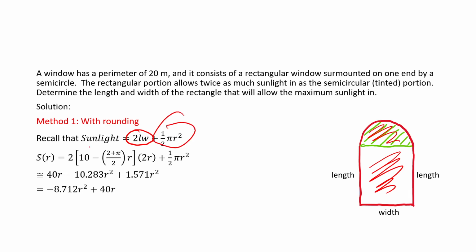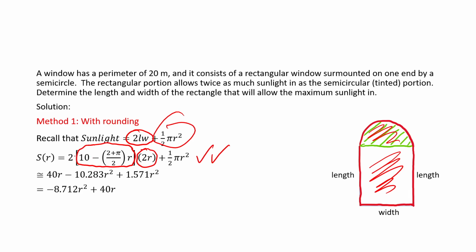We're then going to sub in our new expression for L, and we're going to sub in our new expression for W, and we will have created an equation wholly dependent on r. And then what we can do is use decimal approximations here.